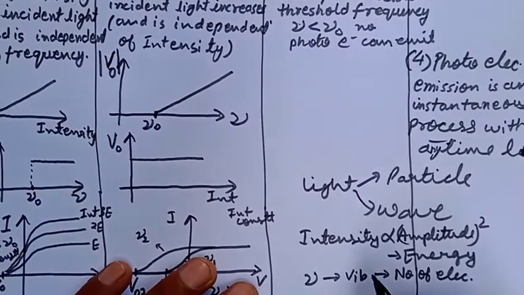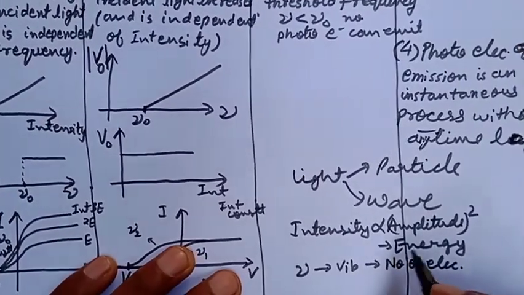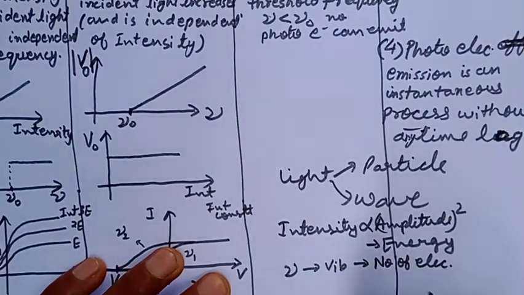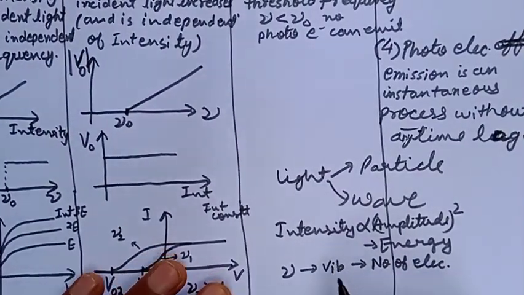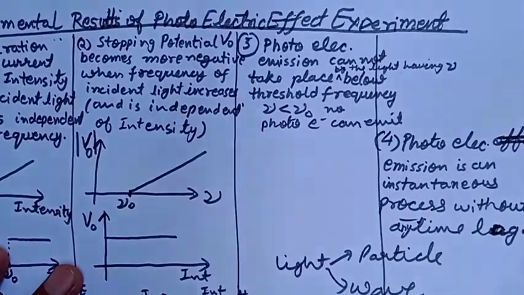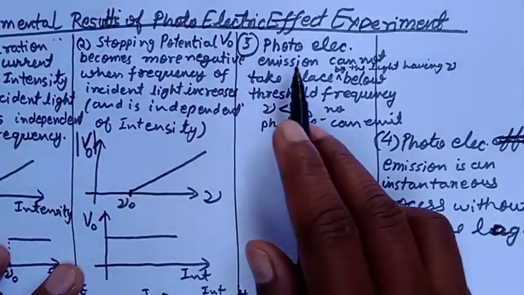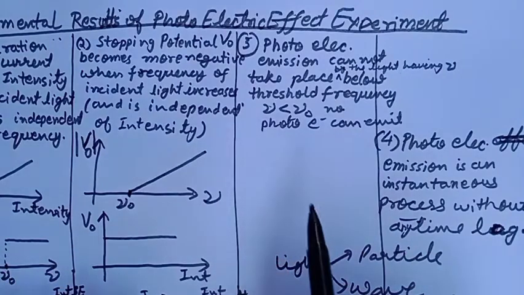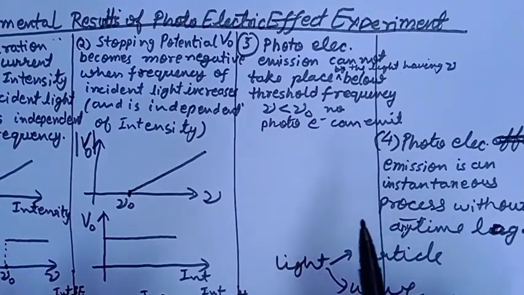They said that at any intensity the photoelectric effect will take place, but the experimental result says something different: emission cannot take place for a frequency less than the threshold frequency. Wave theory couldn't explain this.